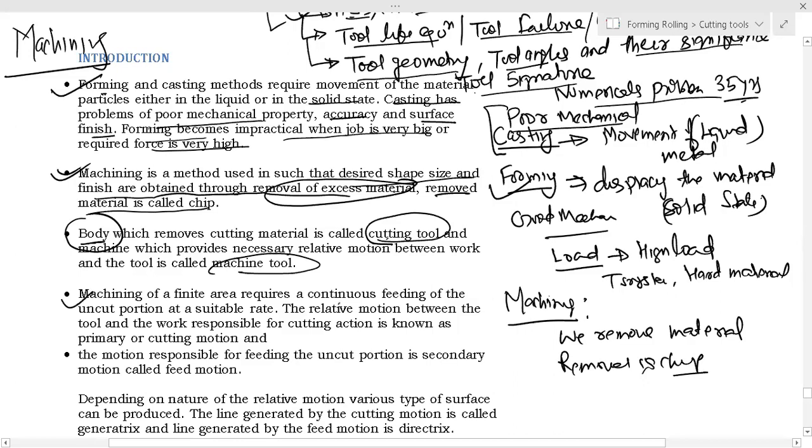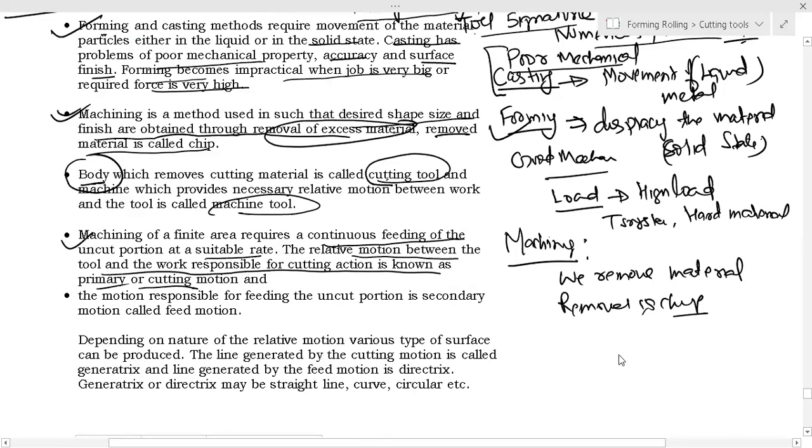Machining of a finite area requires a continuous feed of the uncut portion at a suitable rate. The relative motion between the tool and workpiece responsible for cutting is known as primary motion or cutting motion. So what is primary motion and cutting motion?